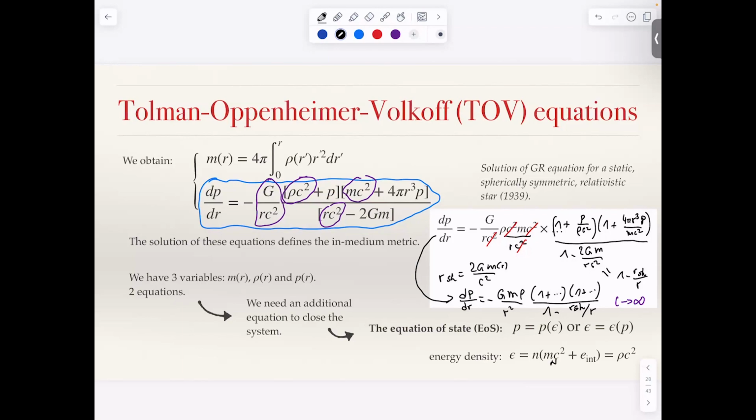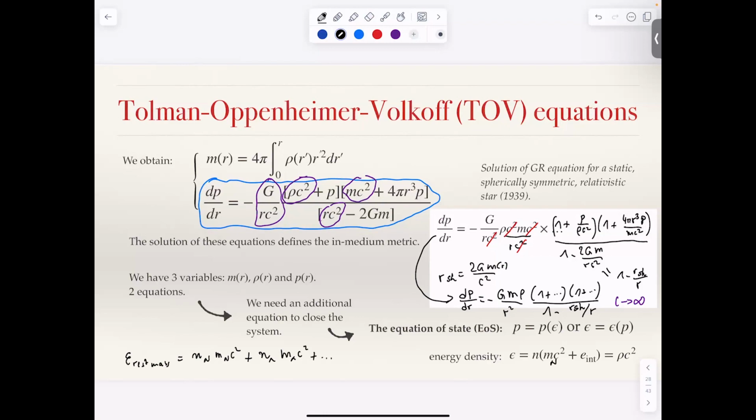So for instance, if you describe matter with nucleons and hyperons, the rest mass contribution will be the density of nucleons times the mass of the nucleons, plus, if you have only lambda, for instance, the density of lambda times the mass of the lambda particle.